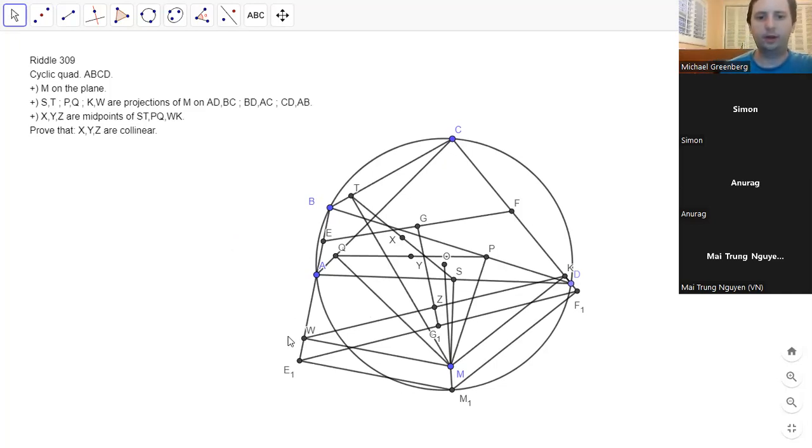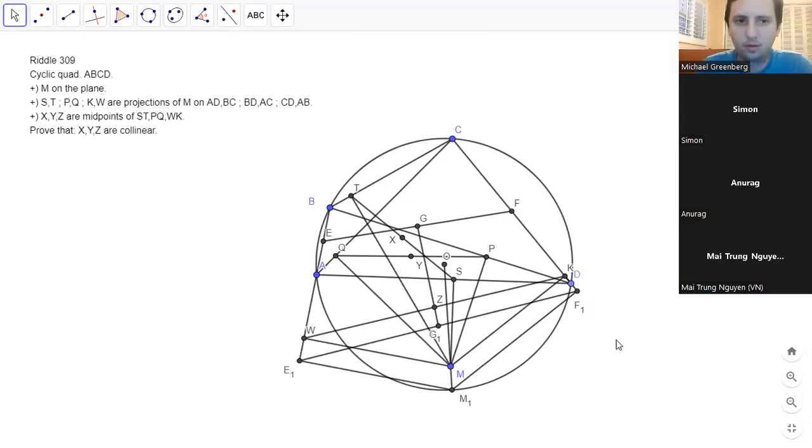So EW over WE1 is GZ over ZG1, which is FK over KF1, and that's equal to a constant, OM over OM1. And we take the similar.